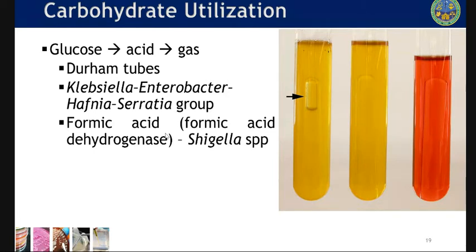The acid being produced there, in particular among the genus Shigella, if you have a deficiency in the production of formic acid, and a deficiency in the enzyme, you do not have the production of gas. So this is typical of the middle tube reaction.